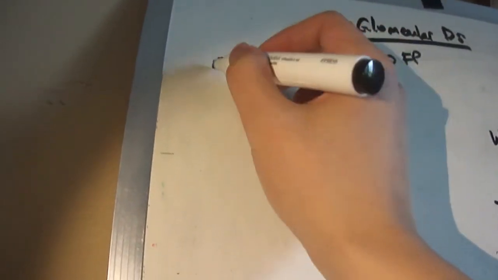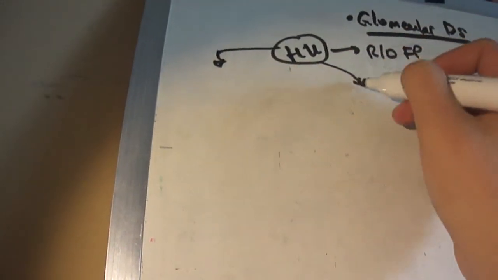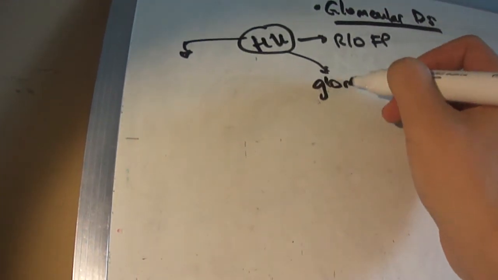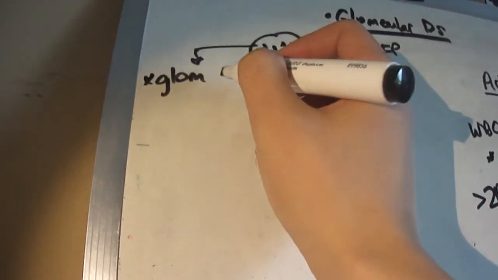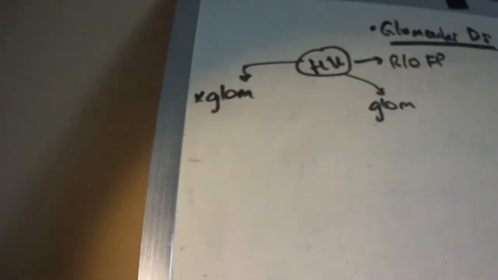Okay, then we're going to look to see if the stuff is coming from the glomerulus or not coming from the glomerulus, in which case it's coming from the other parts of the urinary tract.